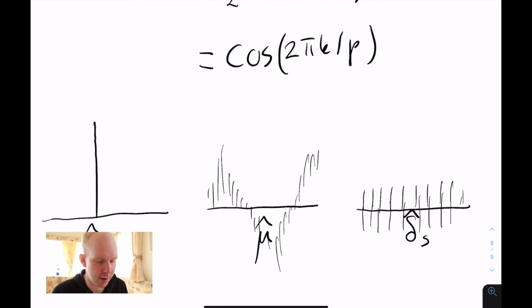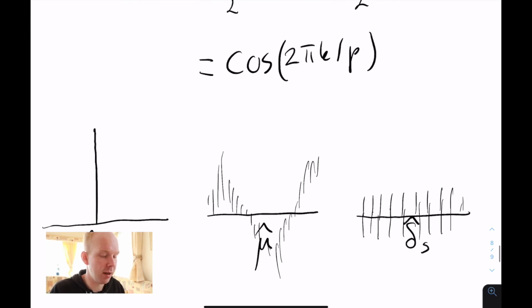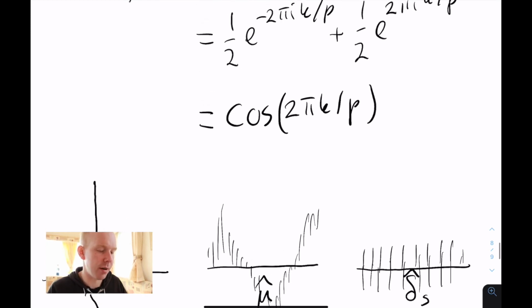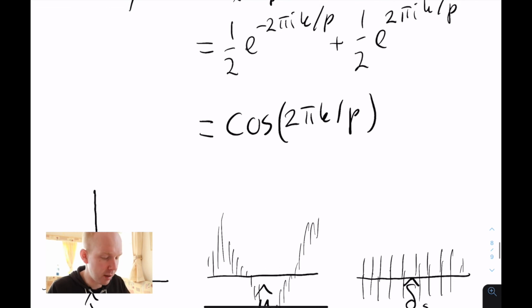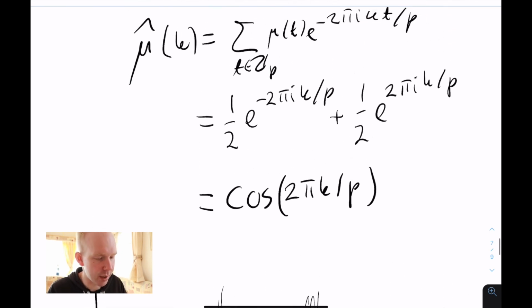There are many examples we could try to compute in the same way. In the future, we will see that when you study the random walk, by understanding the Fourier transform of the driving probability distribution, we can do most of the analysis already. For example, when we want to study the mixing of the random walk, we can reduce it to understanding the Fourier transforms in this way.